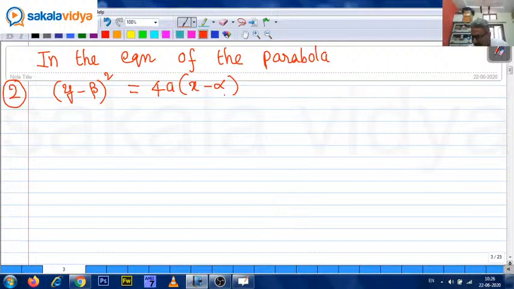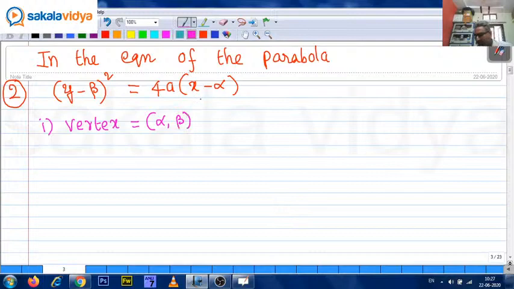Now, what is the vertex? Wonderful. I didn't give H comma k. Not H comma k, you check here. Yes, alpha comma beta. Let us write it now. One by one I will go. Vertex equals alpha comma beta.